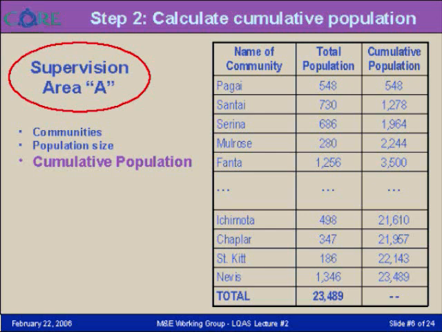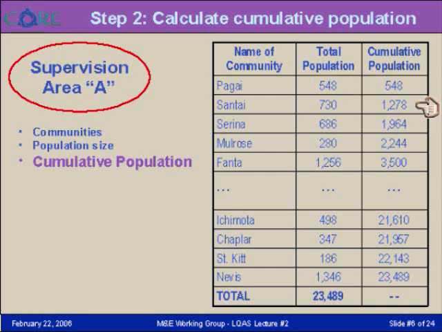For the first cell in the cumulative population, we will copy the first population size from the first community. In this case, the community is called Tagay, that has a total population of 548, and then we're going to copy that total population in the first cell of the cumulative population column.